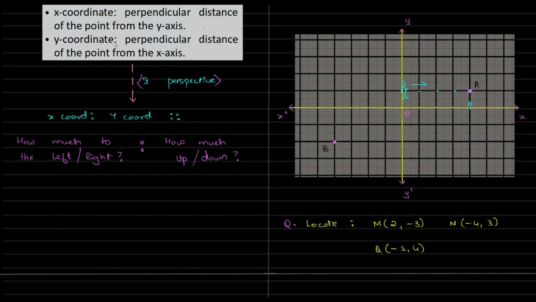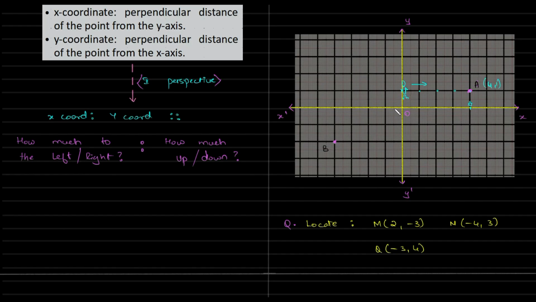So x coordinate is always measured either left or right, while your y coordinate is always measured up or down. So I've written over here, the second perspective: x coordinate is to do with left or right, y coordinate is to do with up and down. So point A is 4 steps right and 1 step up, so (4, 1).